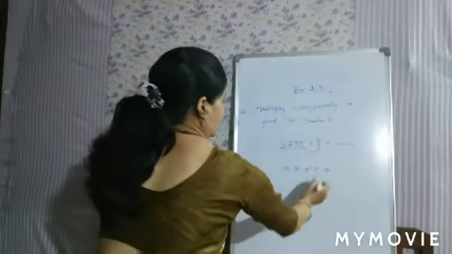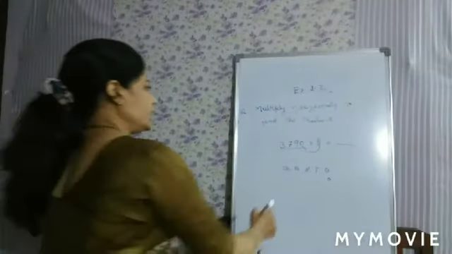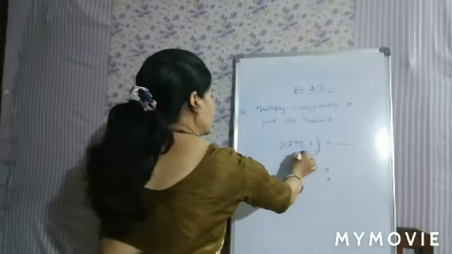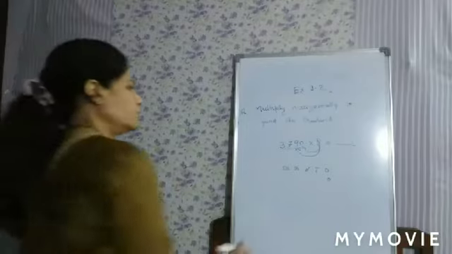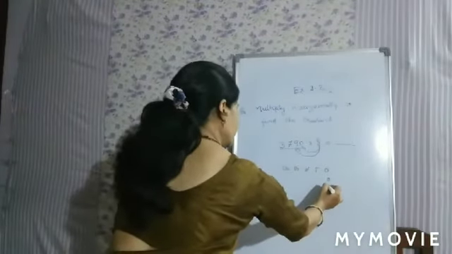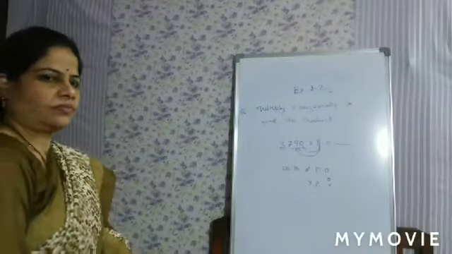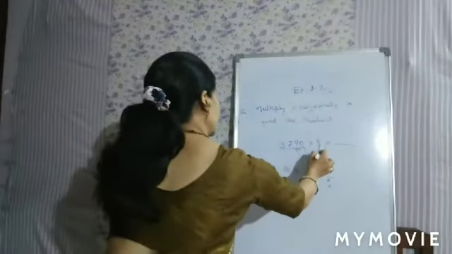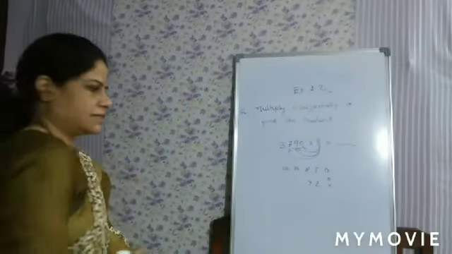Now 8 zeros are 0. So write 0 in ones column. Then multiply 8 and 9. 8 nines are 72. So leave ones place and write 72. Then multiply 8 and 7. 8 sevens are 56.